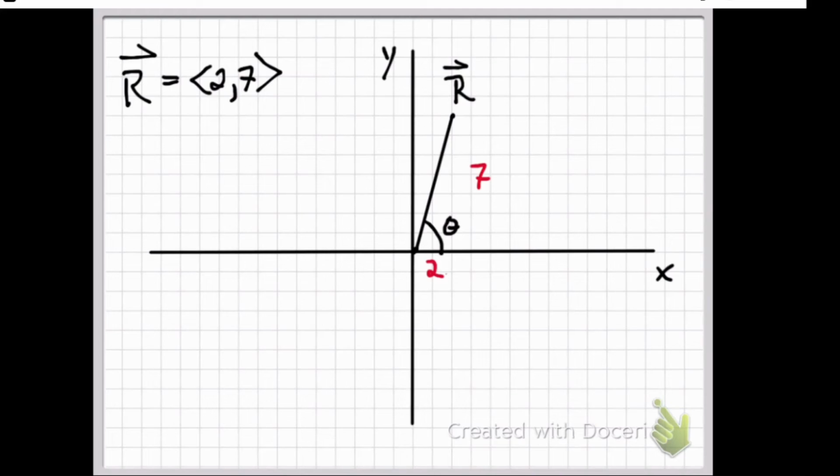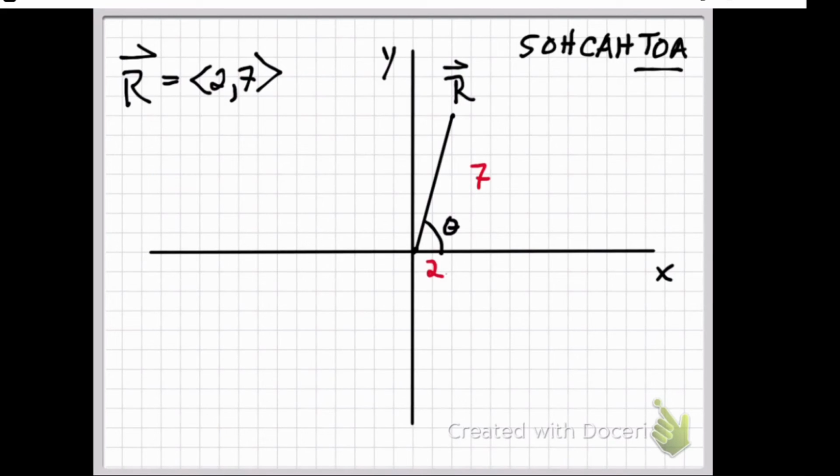The magnitude is going to be easy, but here's how we figure out the angle. To do it, we're going to use SOH CAH TOA once more. In this particular instance, we're going to use the TOA part because it uses the O, which is opposite, and the A, which is adjacent, and those are the two sides of the triangle that we have.